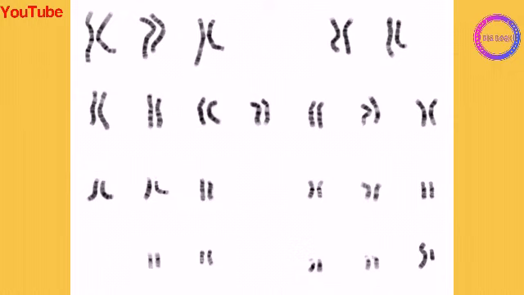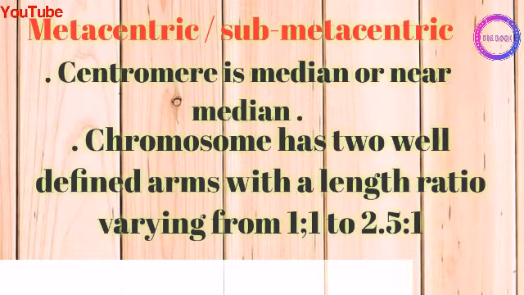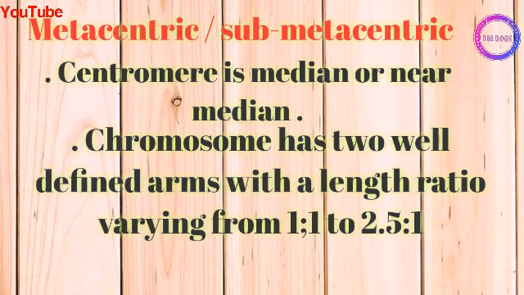Now we will discuss a few more points which are very important for arranging the karyotype in a standard manner. The arrangement depends on the chromosomes' size and the position of the centromere. Metacentric or sub-metacentric chromosomes are always grouped together, but the size is going to play a major role in the formation of the karyotype.